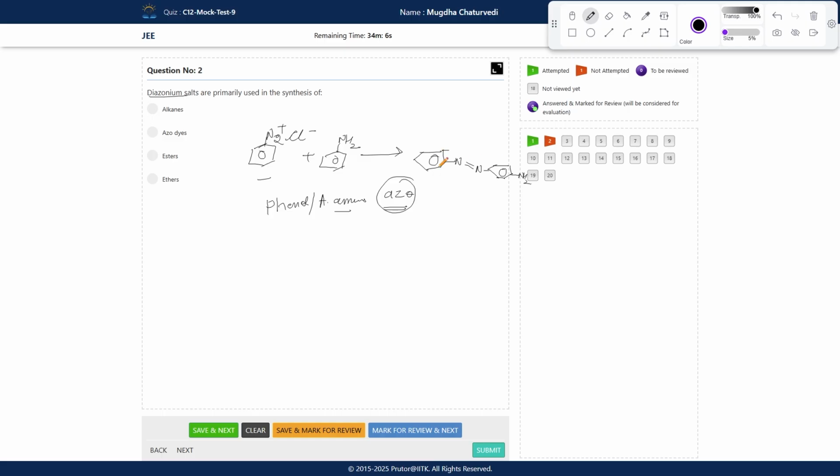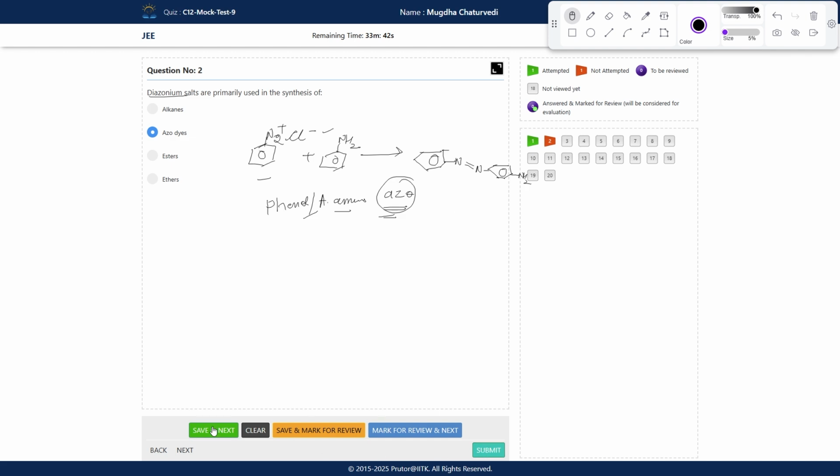So aromatic diazonium salts undergo coupling reactions with aromatic amines or phenols to form azo compounds. The correct answer for this question is B, that is azo dyes. These azo dyes are brightly colored.